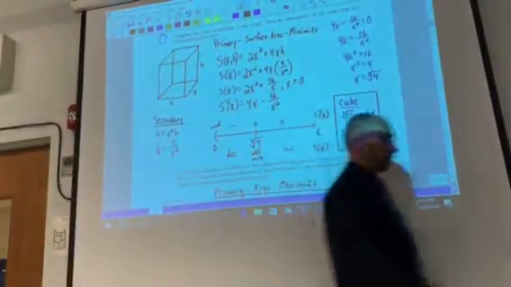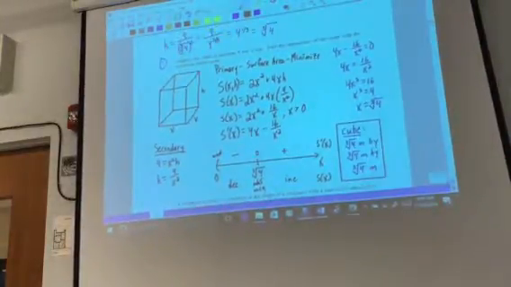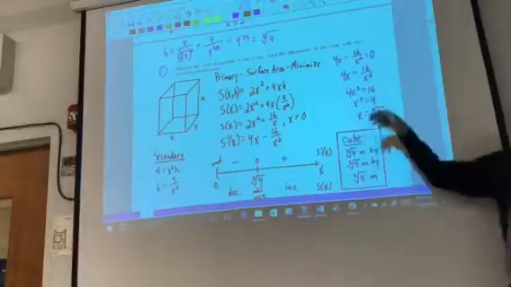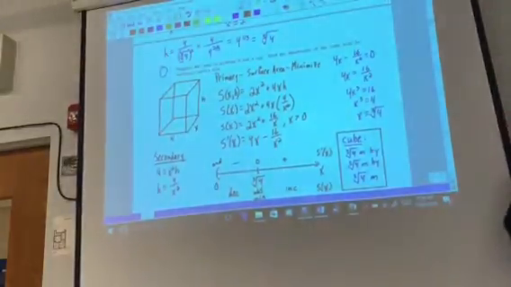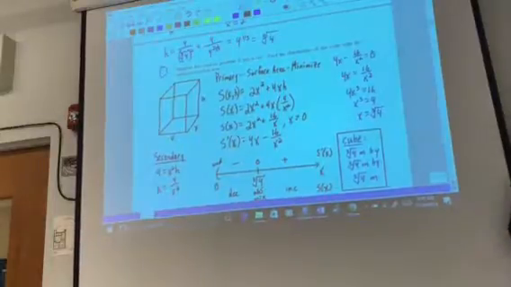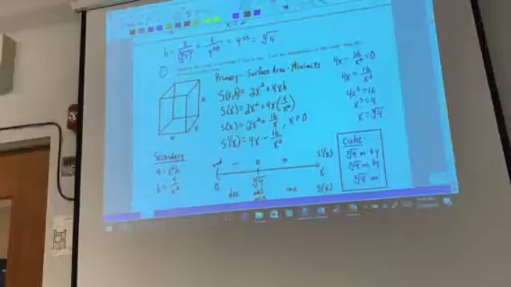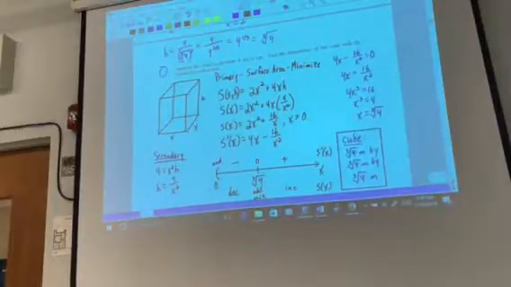And I'm going to scroll up because I had to write the work up here, which really should be mental math. But you have to treat cube root of 4 as 4 to the 1/3, because if you're going to use properties of exponents, you want to have it written with an exponent, not a radical. So 4 to the 1/3 squared is 4 to the 2/3. We multiply the exponents together.